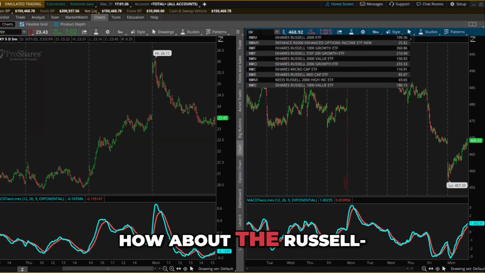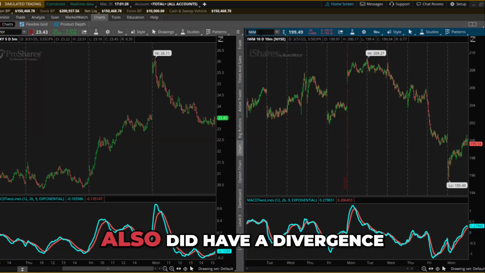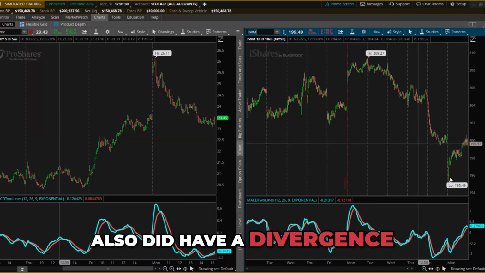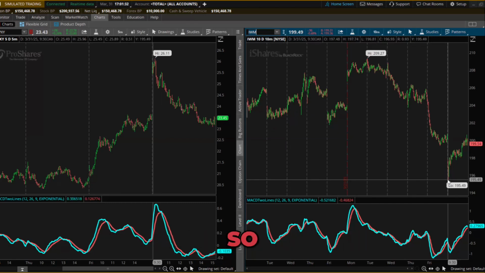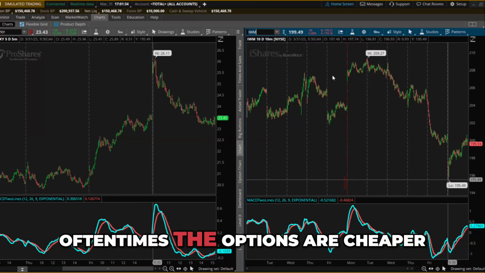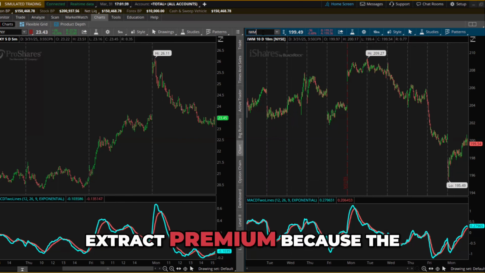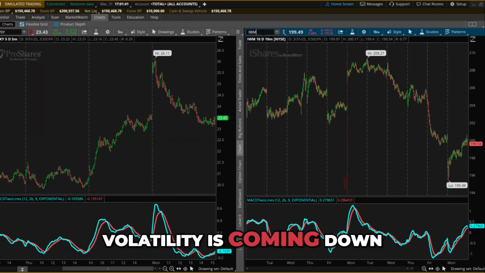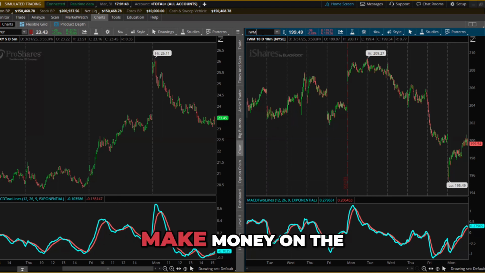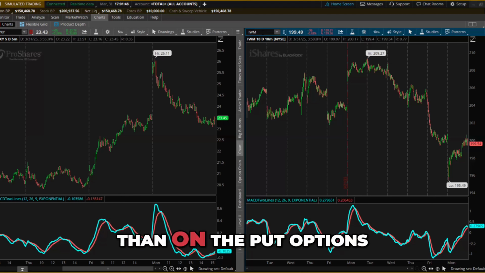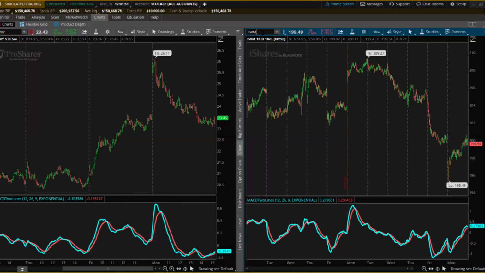Let's see, how about the Russell 2000? It also did have a divergence. And on the Russell, oftentimes the options are cheaper. But remember that they extract premium because the volatility is coming down. So it's harder to make money on the call options on a reversal like this than on the put options. So let's see, Russell 2000.